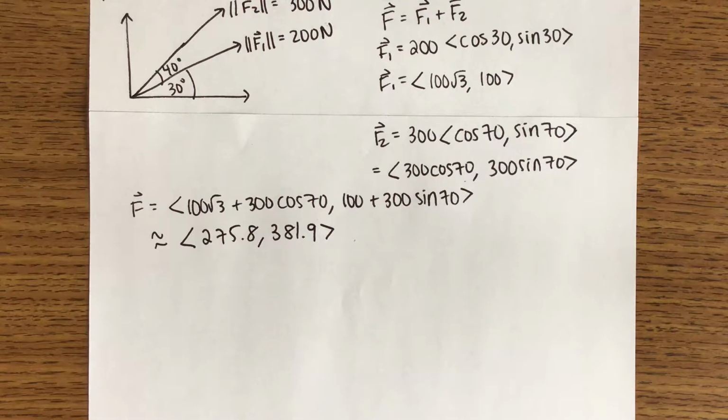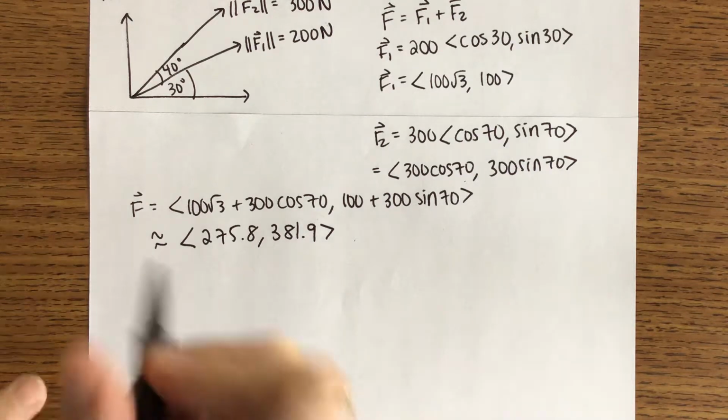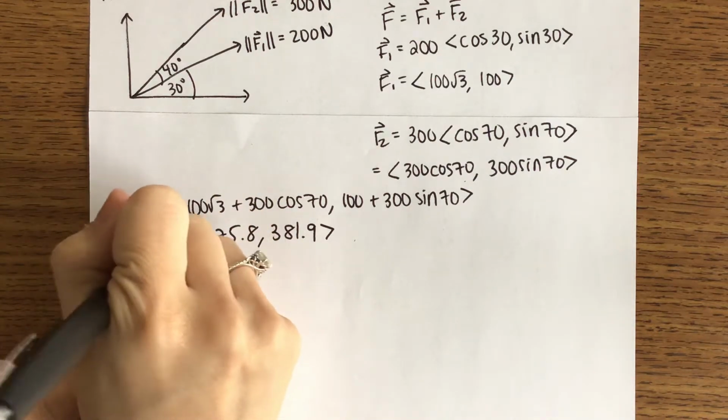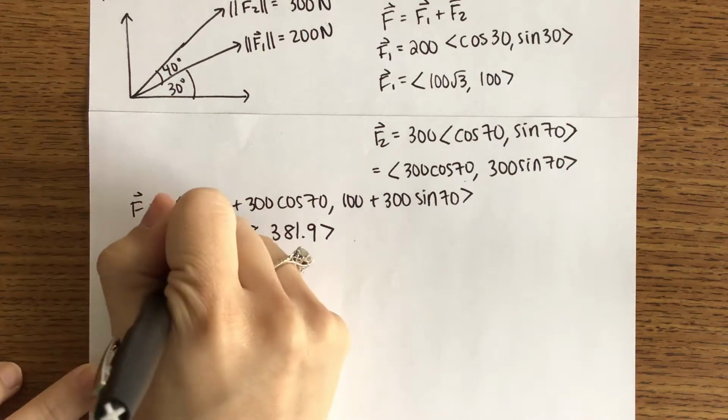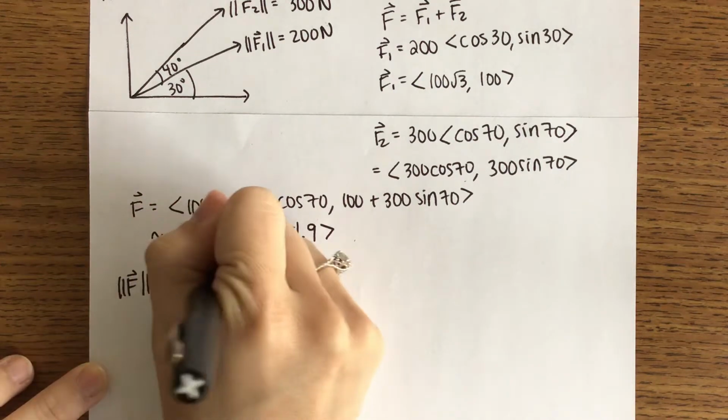Okay, now that we have the resultant force, we are asked for the magnitude and the angle it makes with the positive x-axis. Are you all comfortable finding magnitude from here? Can I just tell you what it ends up being? Okay, the magnitude of the resultant ends up being about 471.